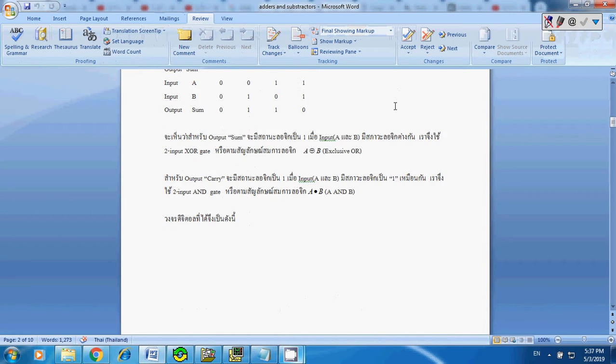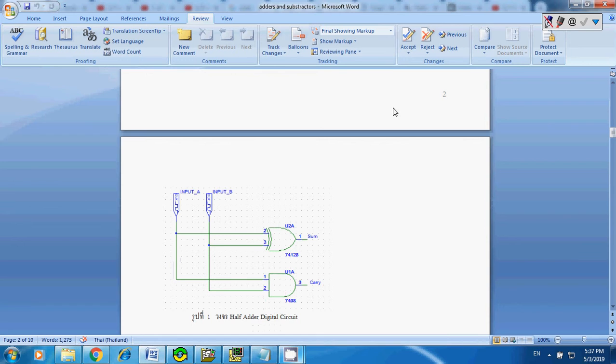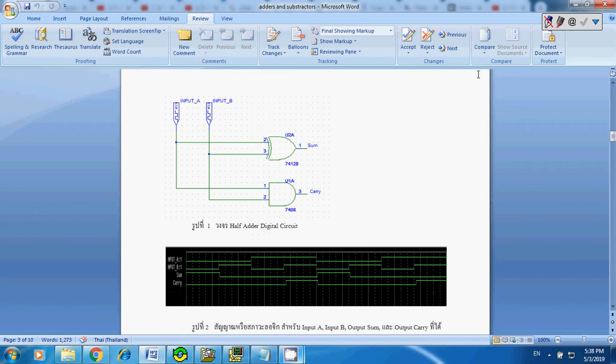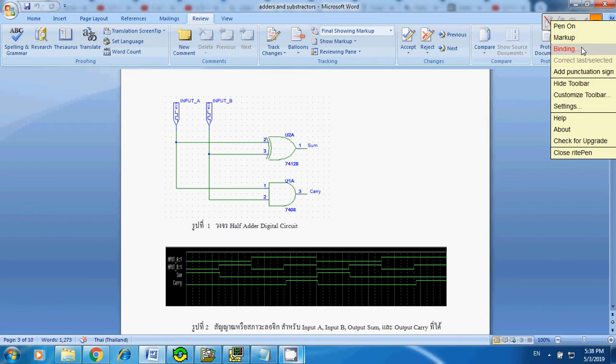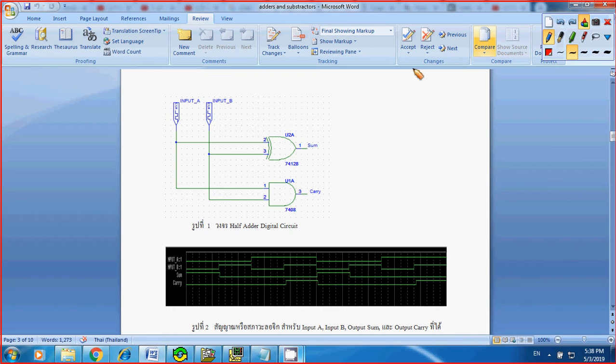Okay, let's move to the next step. This is the drawn circuit, just to show you how to make the circuit and connect the circuit. I have input A and input B, so this is for the output sum, and this one is the output carry.